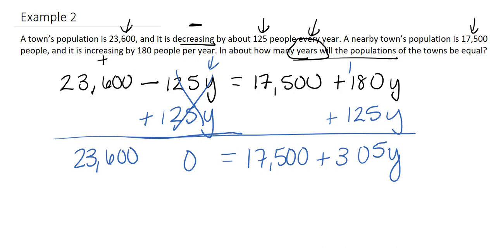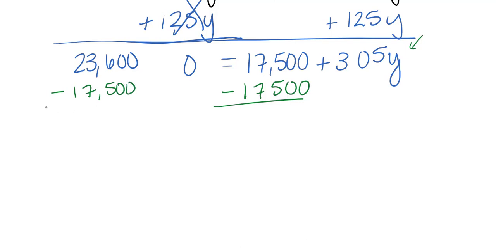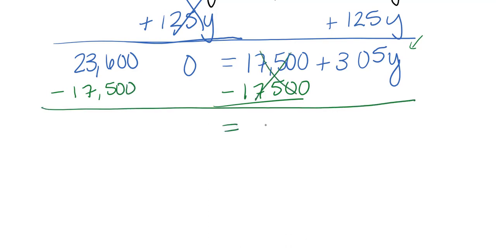Our next step is to get this 305y by itself. In order to do that, we're going to subtract 17,500 on both sides. So this just becomes 0.